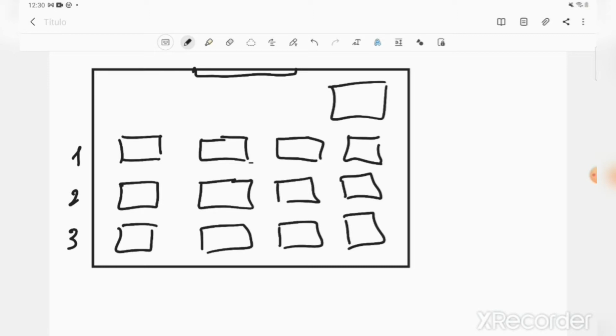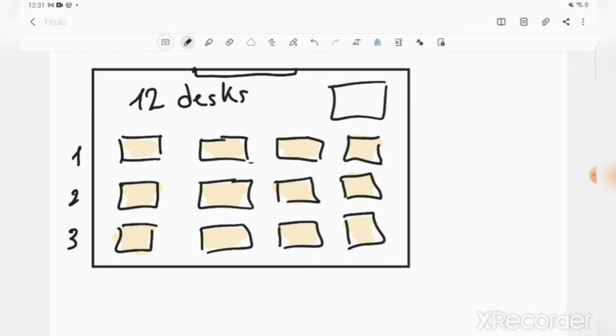How many desks are in total? 1, 2, 3, 4, 5, 6, 7, 8, 9, 10, 11, 12. 12 desks. Okay, but let's imagine that we don't want to count all the desks in a class.